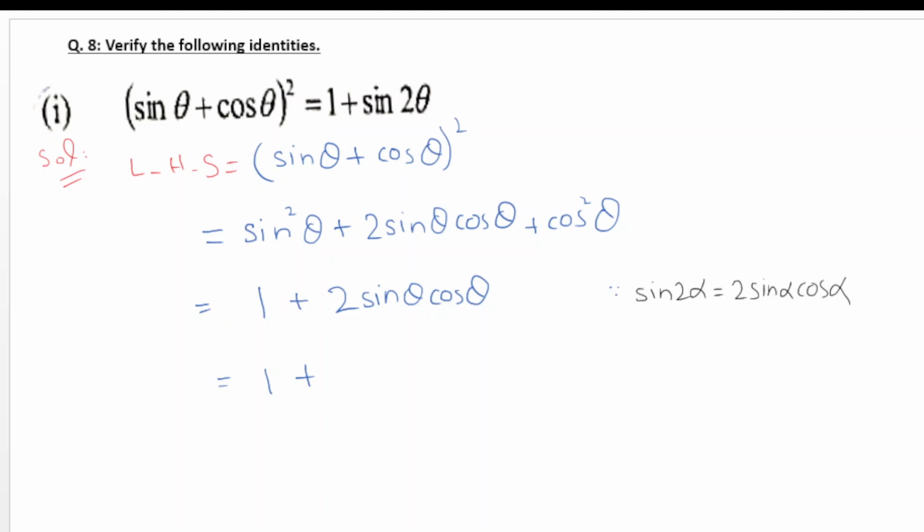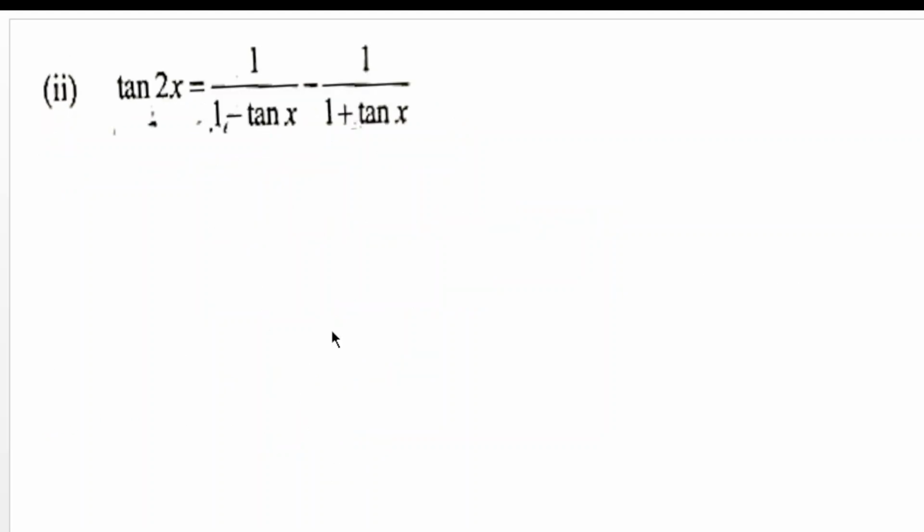So 2 sine theta cos theta will be sine 2 theta, which matches the right hand side that we had to prove. So I hope you understand. Let's move toward the next question of this exercise.